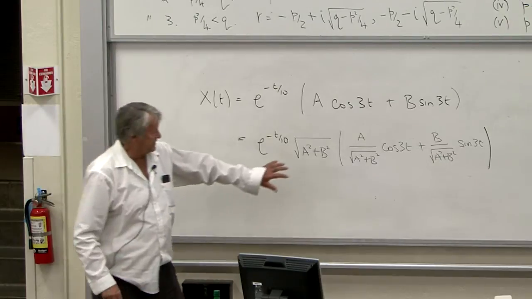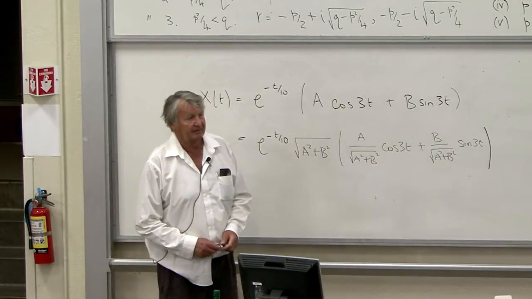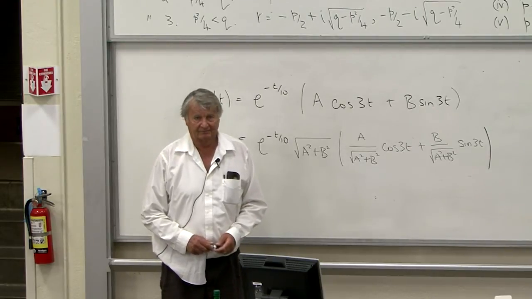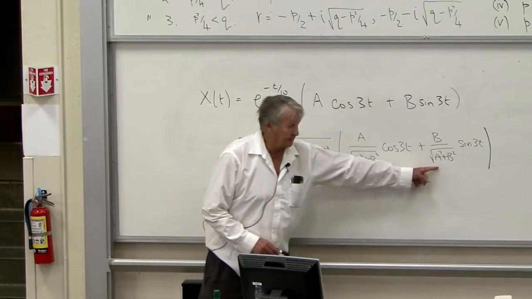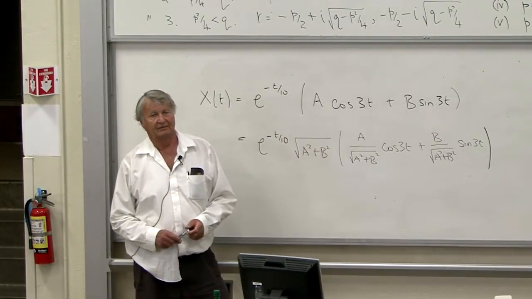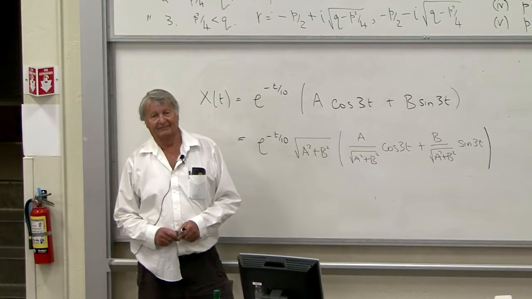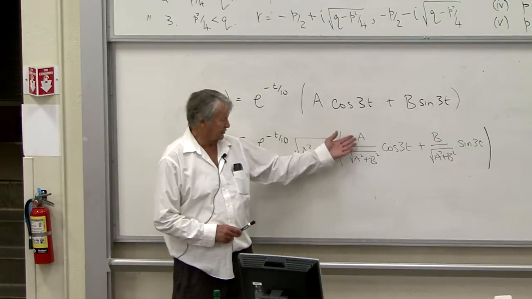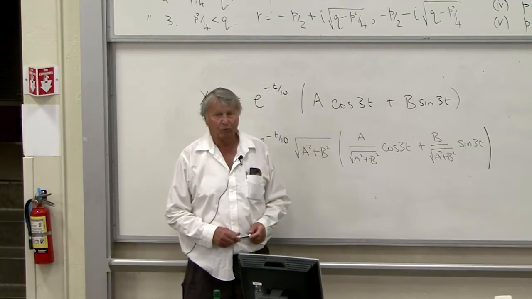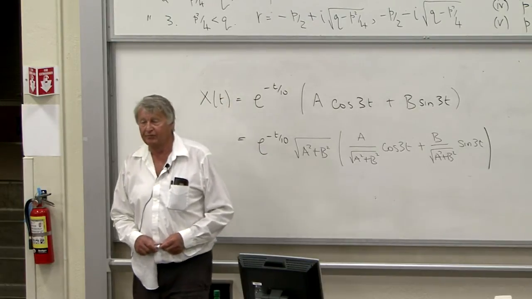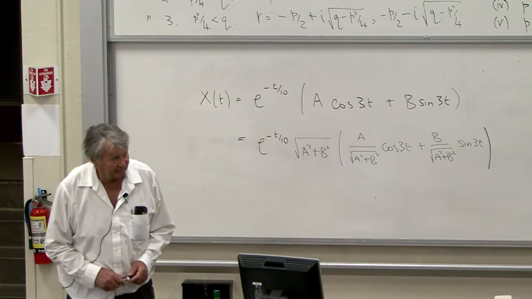Now, what is the sum of the squares of this guy and this guy? If I square him and add him, I get, well, just do it. Square him, and add. And what formula do you know very well in trigonometry?